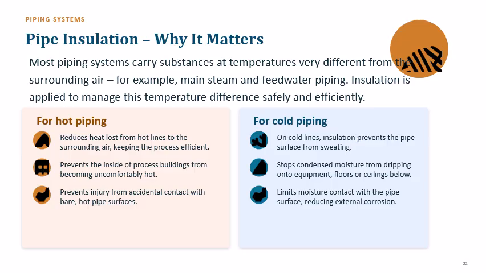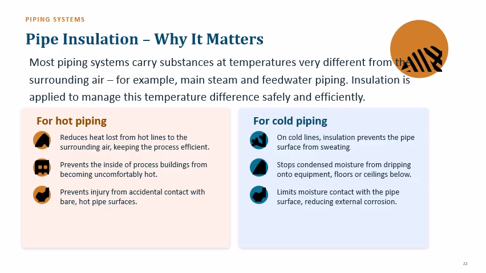So it is categorized into two types, for hot piping and for cold piping. For hot piping, it reduces the heat lost from the hot lines to the surrounding air, keeping the process efficient, prevents the inside of the process buildings from becoming uncomfortably hot, and prevents injury from accidental contact with bare hot pipe surfaces.